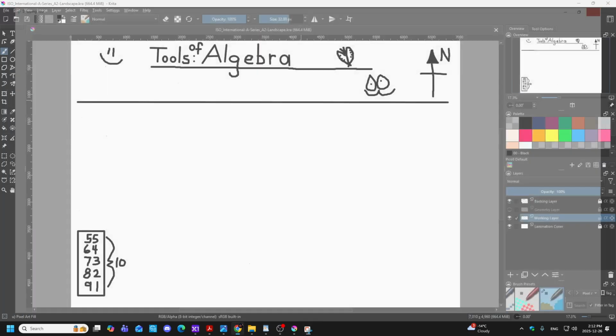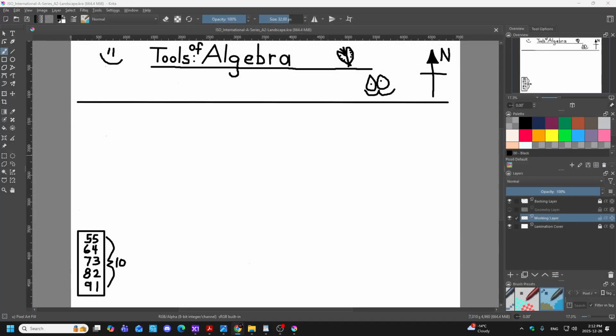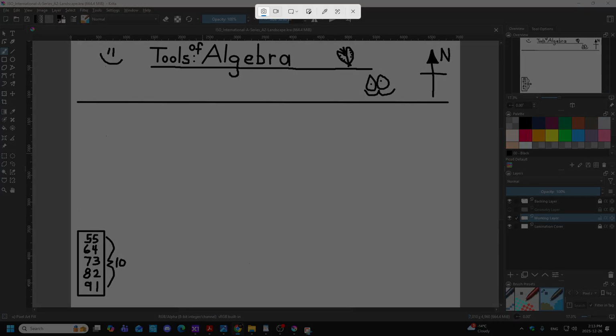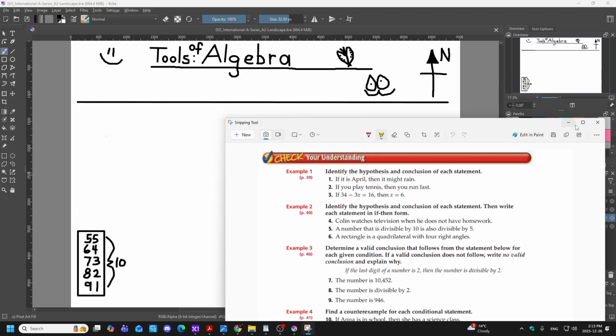Okay, let us continue. Again, this is just a quick lecture. Do I share examples? If you would like, here is some examples. Or check your understanding. Okay.